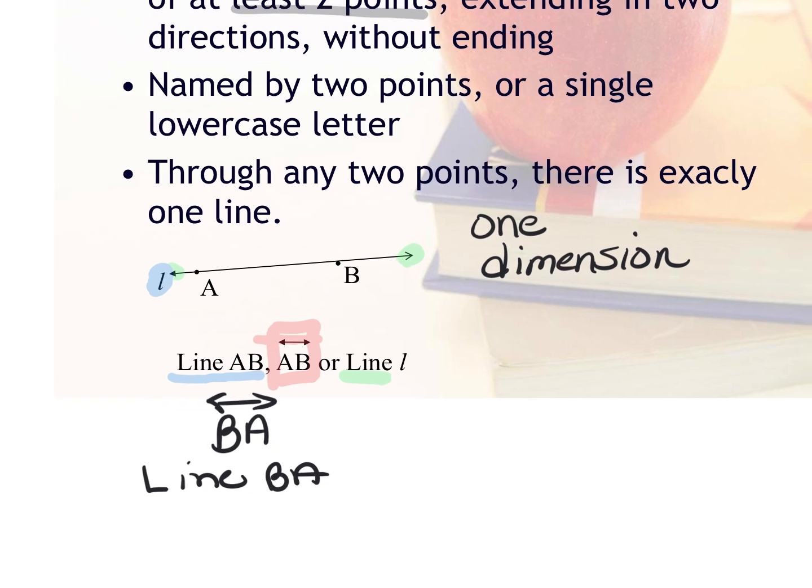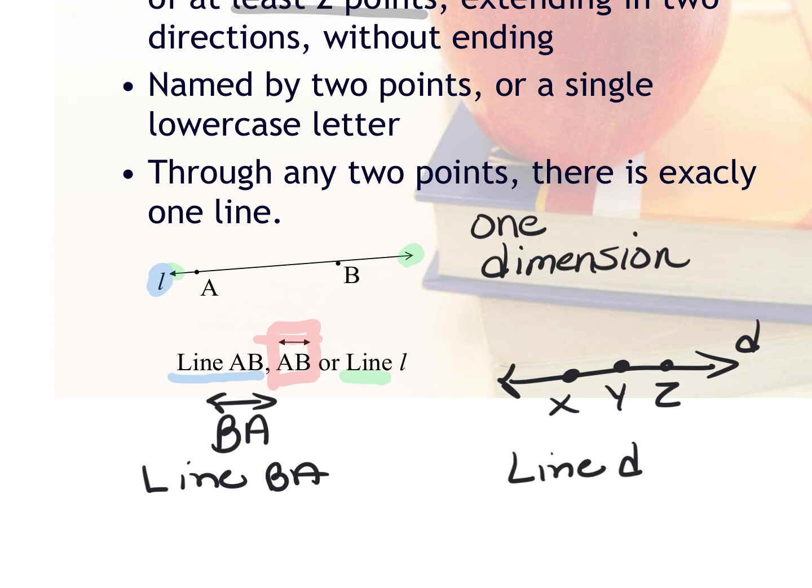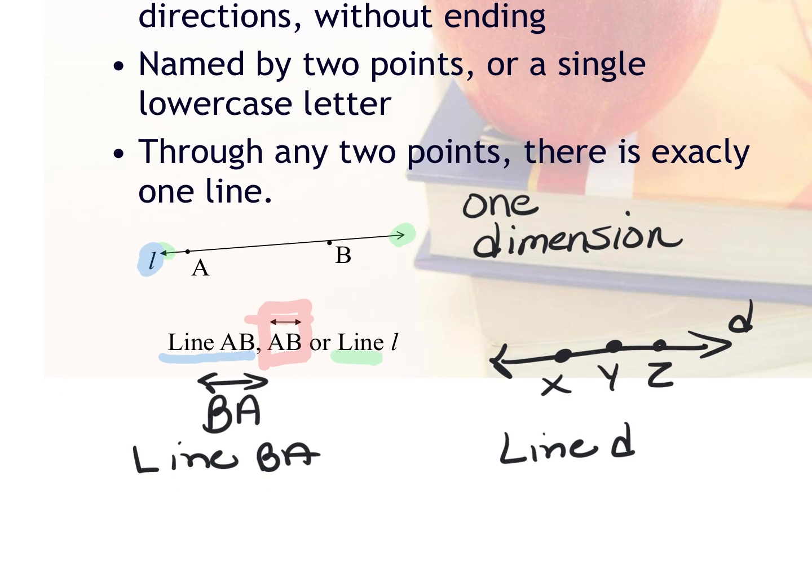So just to give you another example, let's say I put points X, Y, and Z on here. And let's say I call this line lowercase letter D. So I could either name it with the lowercase letter, but I have to spell the word line in front. Or I could pick any 2 points. You're not going to name it with 3.